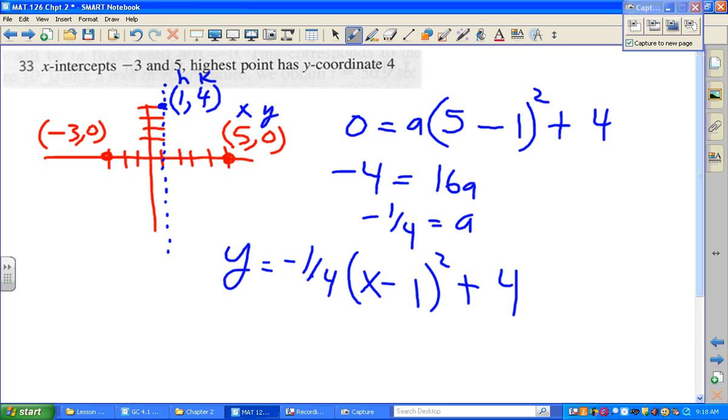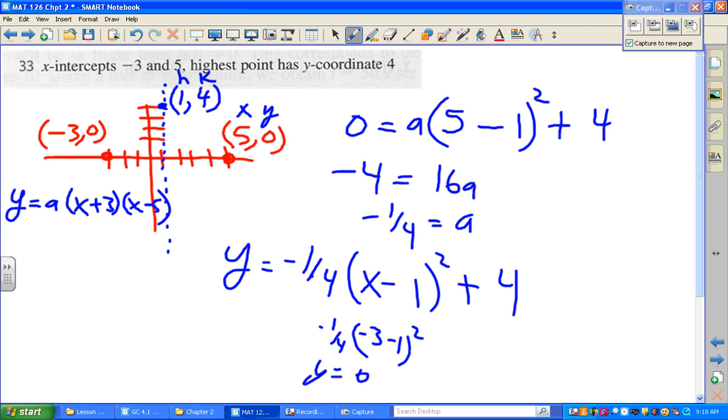Now, if I put in negative 3, do I get out 0 for Y? Negative 3 minus 1, squared is 16, times negative 1/4 is negative 4, plus 4. Yeah, 0. It works. You could also do the factors. You could have done Y equals A times X plus 3 and X minus 5, and put in the vertex to find A.